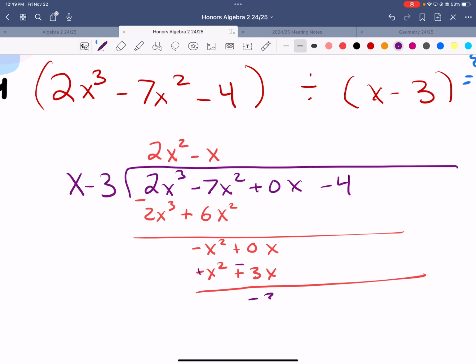So we've got negative 3x minus 4. So negative 3. That gives me negative 3x plus 9. So it's going to be negative 4 minus 9, which is negative 13. So then our remainder, negative 13 over x minus 3.